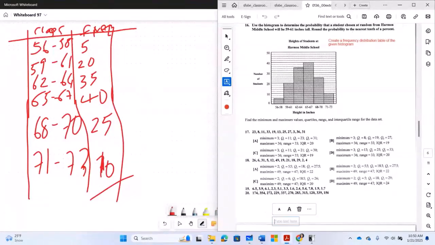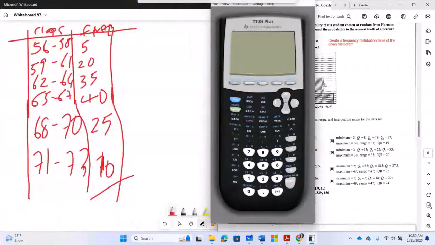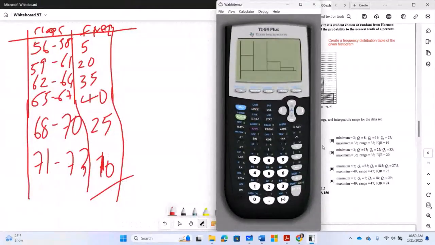Before I find the relative frequency of the classes, I need to know the total frequency. How many students were included? I can go ahead and add them up: 5 plus 20, plus 35, plus 40, plus 25, plus 10.